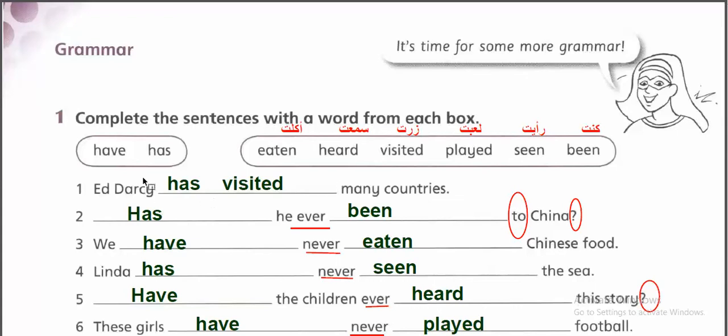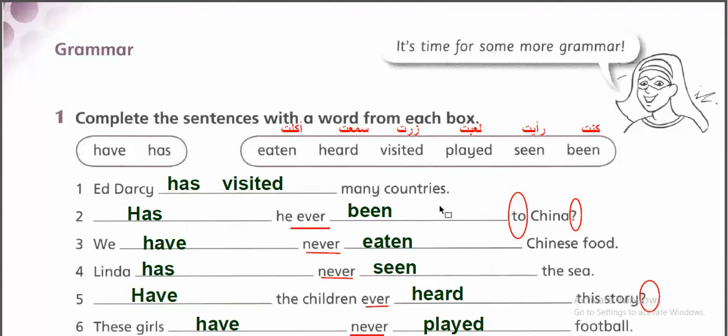Ed Darcy is a singular subject, so it takes has. Then I will use verb 3, which is suitable with many countries: visited.